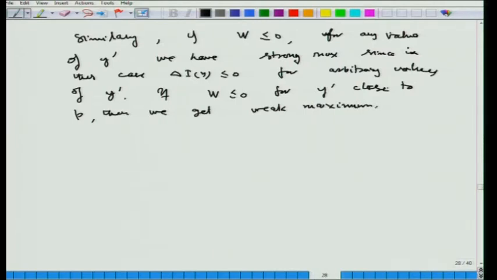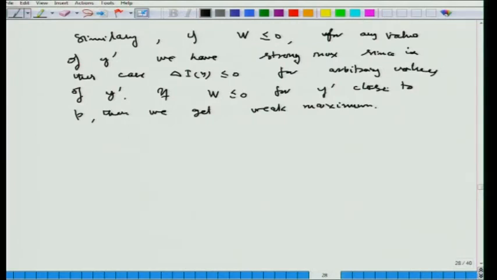So that is what we had considered last time through various examples, and here we have to just check whether this w is positive or negative in the neighborhood of our extremal which we want to test.